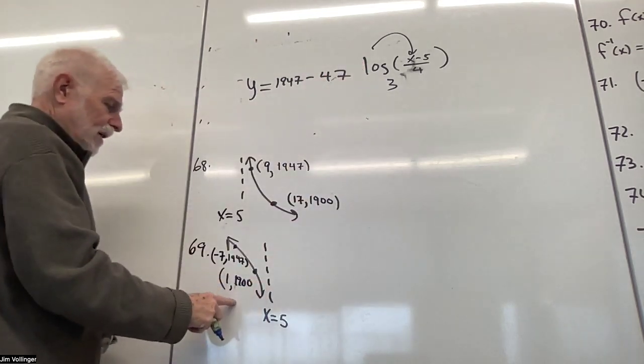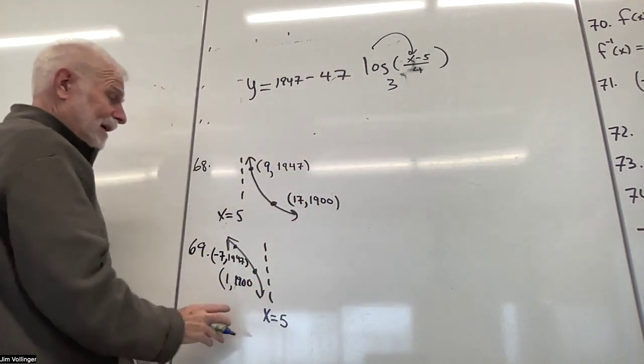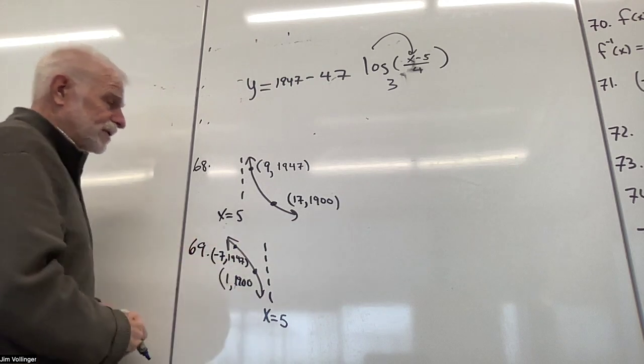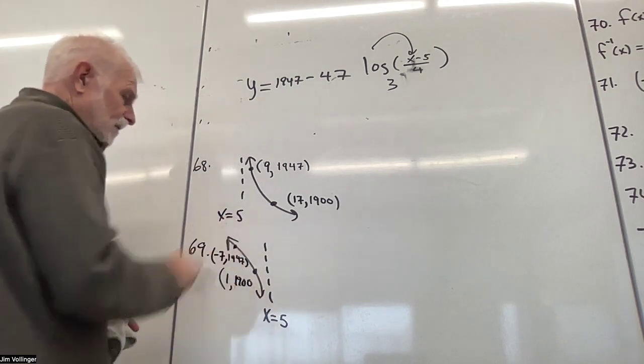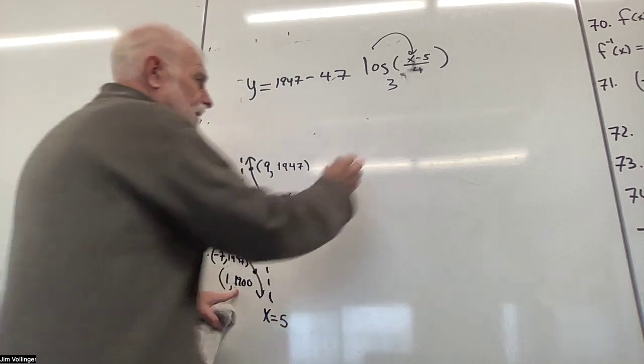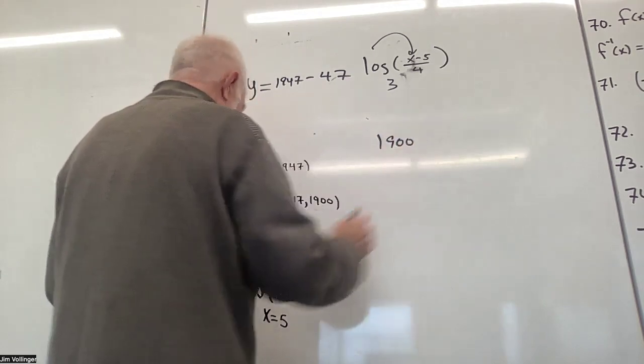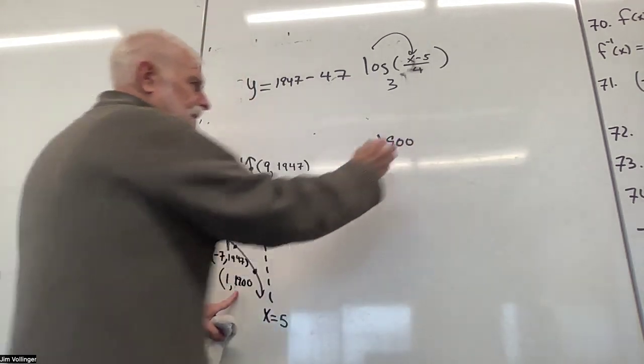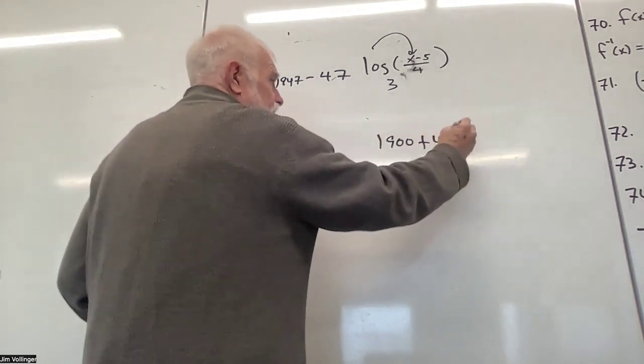Let's do it from left to right for this one. Oh, this one might get me in trouble because I don't usually do reflections. Well, we got a little reflection around x equals 5. So I am going to start with 1900. I'm going to be careful here. 1900. To get to 1947, I got to add 47. It's a log.